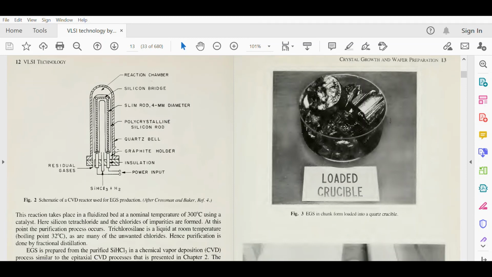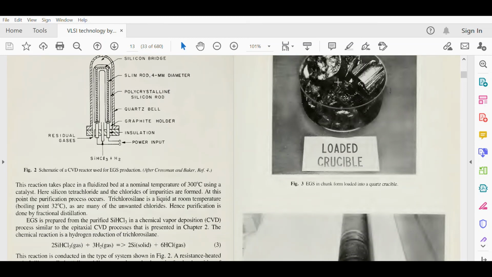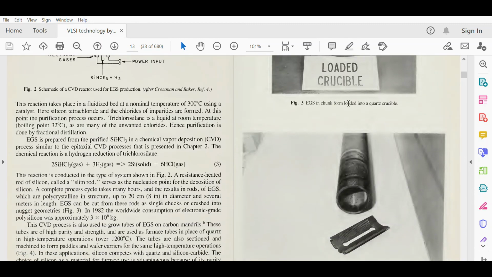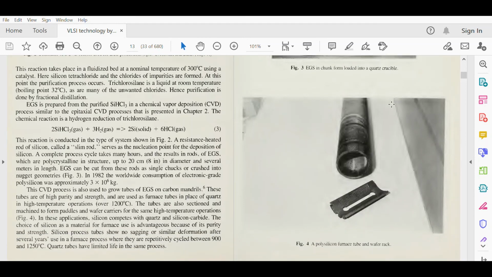And this is one form of the output you are watching: EGS in chunk form loaded into a quartz crucible, and this is the polysilicon furnace tube. Inside this, EGS is produced, and this is the wafer rack where the silicon is held.